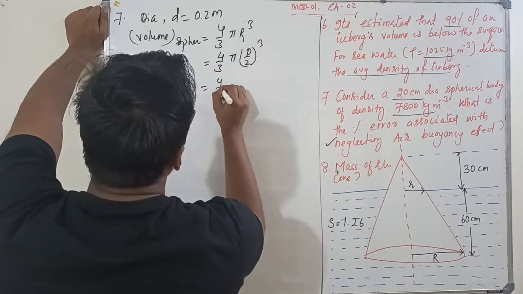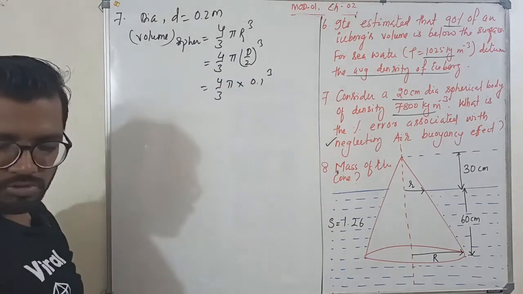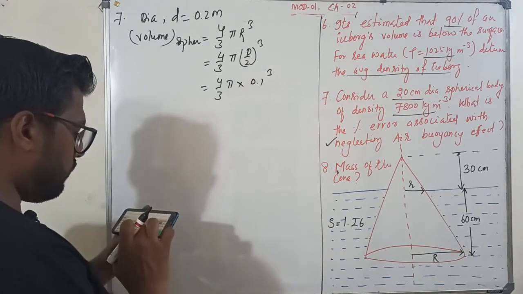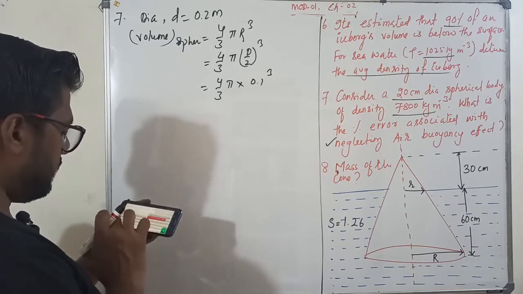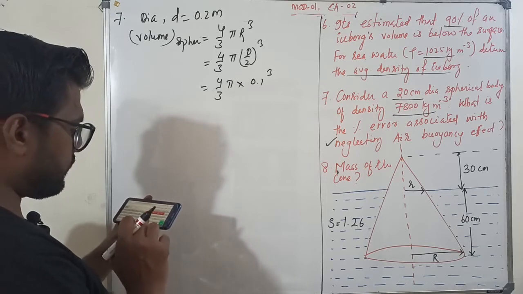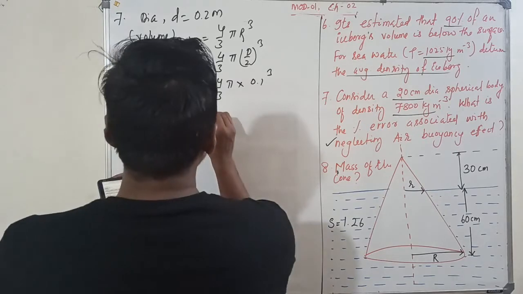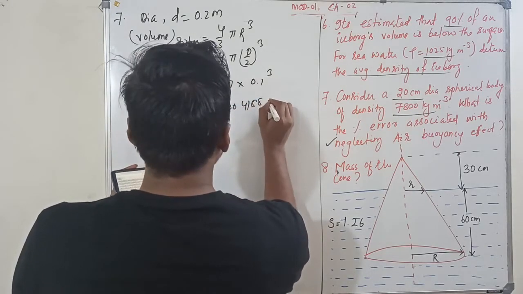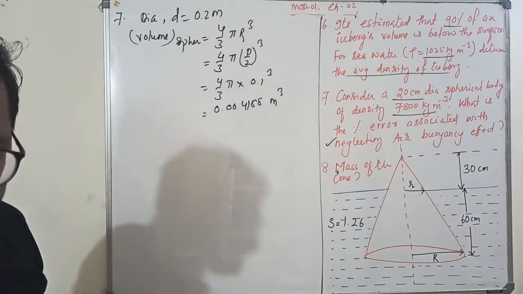That is 4 by 3 pi multiplied by 0.1 whole cube. So the volume I am getting is 0.004188 meter cube. This is the volume of your sphere.